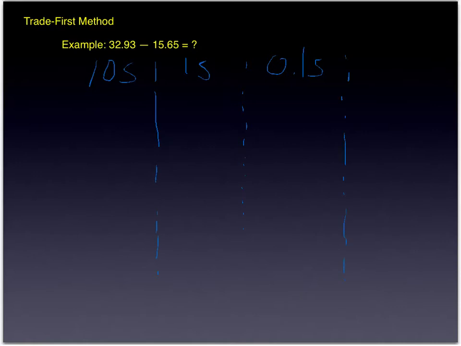Okay. And we have a hundredths column. Okay, and then we need to do our subtraction. So we have 32 and 93 hundredths. So we have 30 in the tens column, 2 in the ones column, 9 tenths.